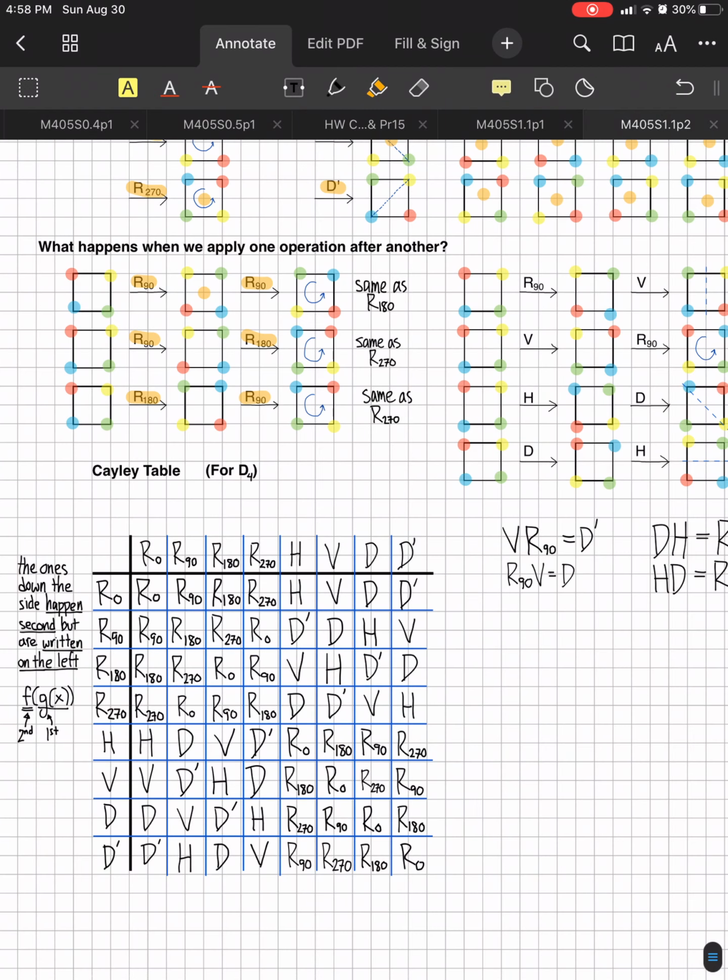Now you'll notice that this isn't the same chart that they have in the book. It's hard to know exactly how they're setting this up in the book, because they do have mistakes on top of everything. So I don't know whether they're trying to do this left to right order or right to left order.